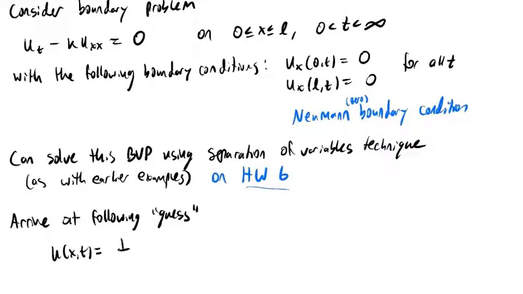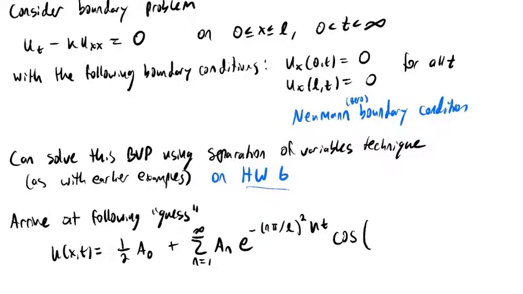Well, I have an initial term which corresponds to n equals 0, so say 1/2 some number a naught or a 0. And then I have an infinite sum of some other coefficients a_n. And then I have this exponential term, which we saw before when we looked at the same equation with 0 boundary conditions, e to the minus n squared pi squared kt over L squared. And then, instead of a sine term, I have a cosine term.